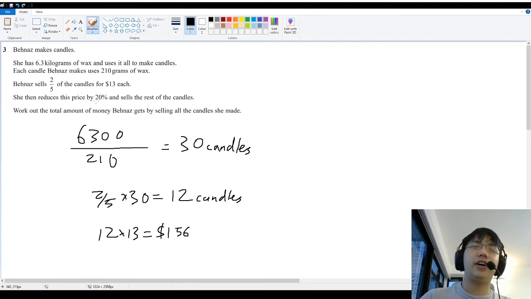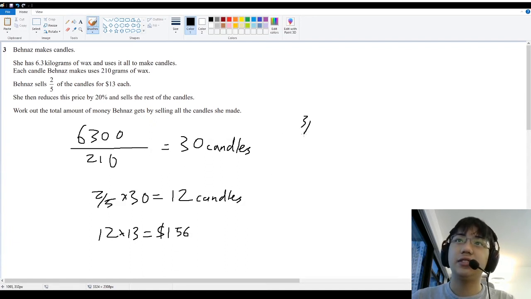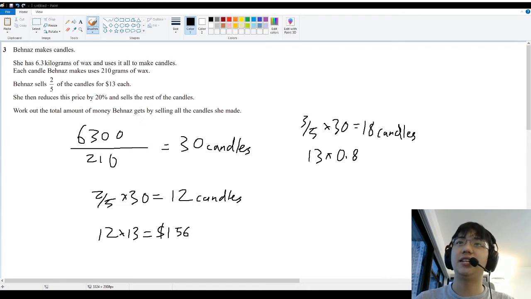Next, we can find the amount of money made by selling the rest of the candles. So you have 3/5 times 30, which equals 18 candles. 13 times 0.8, so a reduction of 20%. So 13 times 0.8 gives us $10.40 per candle.